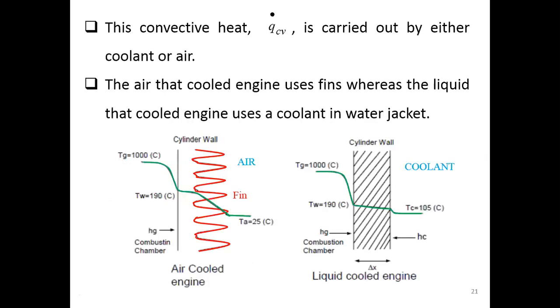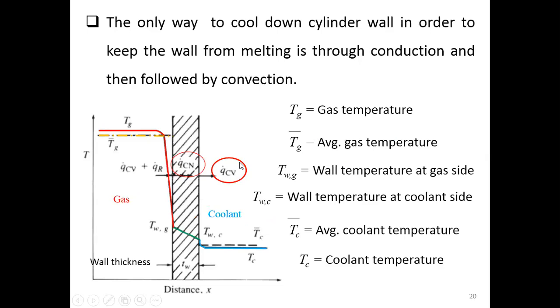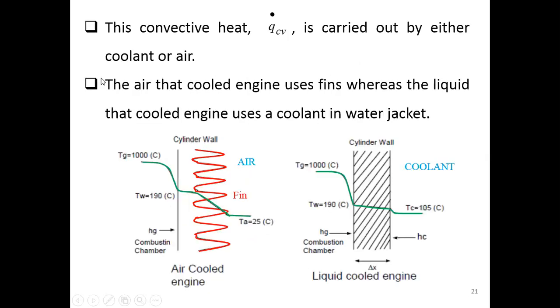Okay, so this convective heat transfer, Q_CV, that we mentioned here, is then carried out by either the coolant of water or the air. For the air-cooled engine, if our engine uses air to cool down, this engine needs to have a fin.